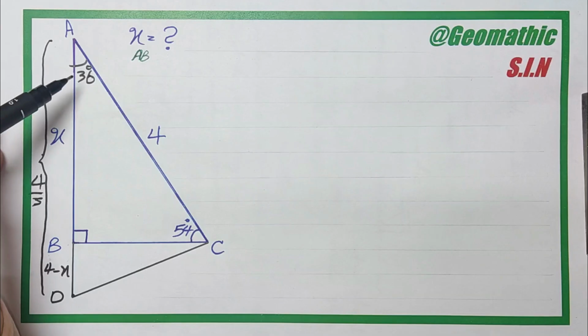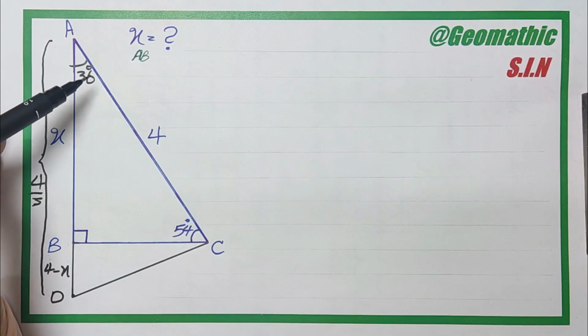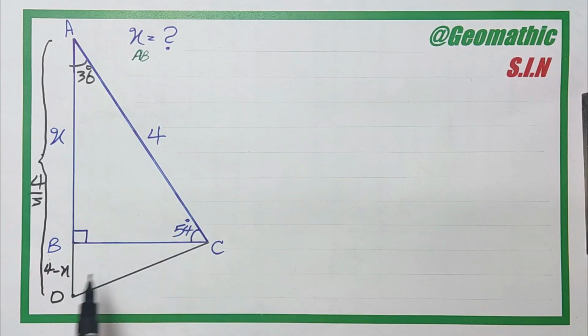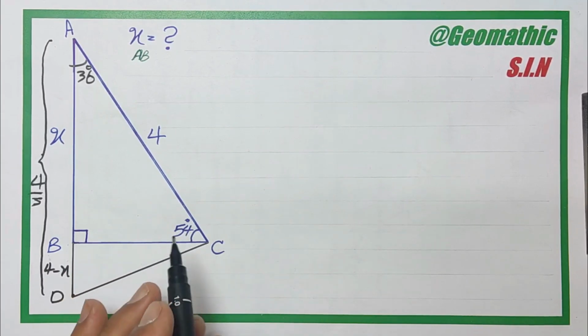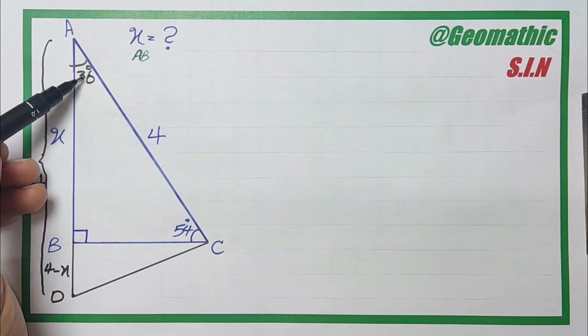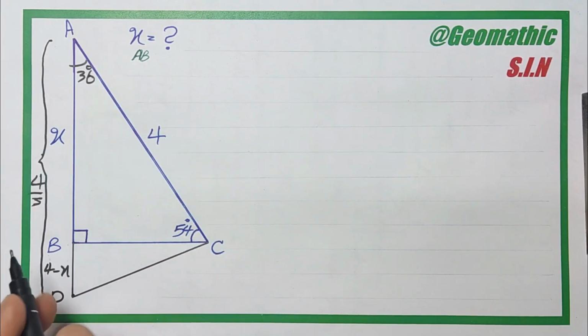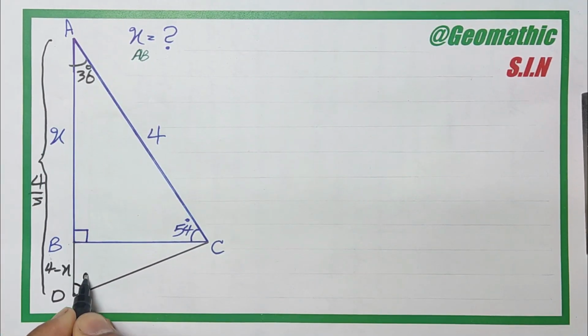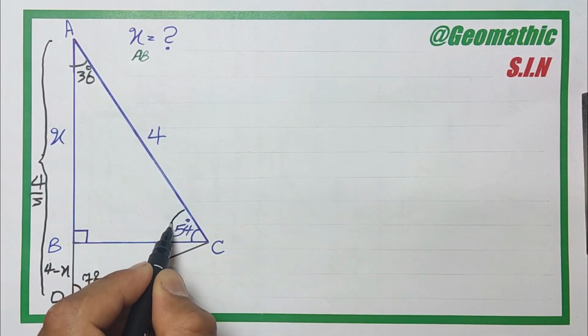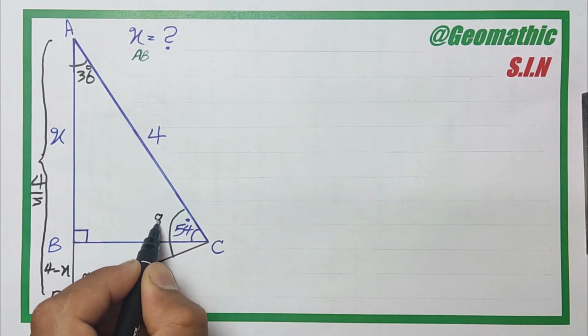That means the vertex angle is 36 degrees, so the two base angles are equal. Each of them becomes (180 minus 36) over 2, or 72 degrees. This one and this one, 72.